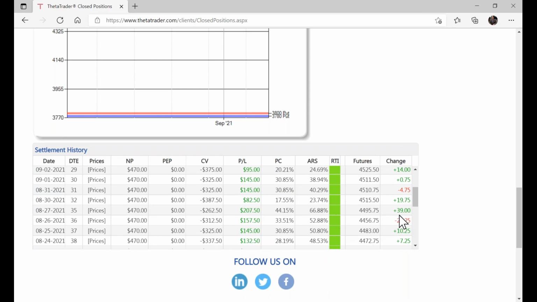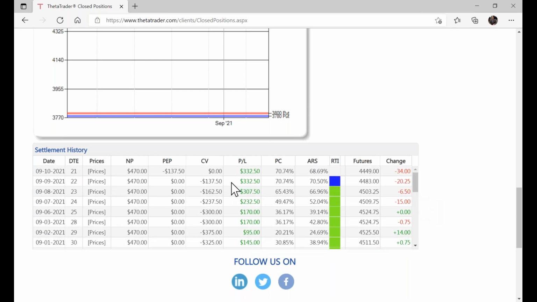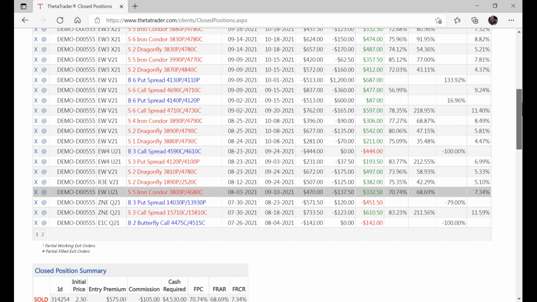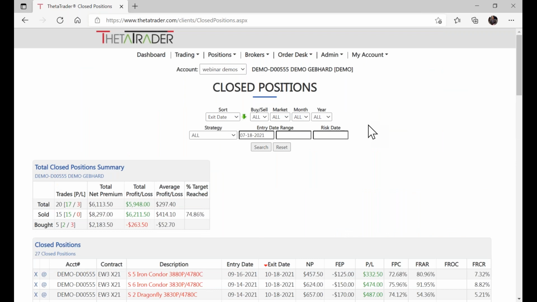You can see the RTI is green, which is good, meaning do nothing. And then it turns blue, and ThetaTrader automatically covers that position and takes the trade off the table for you. So people love using ThetaTrader. It makes something complex very, very user-friendly and easy to approach.